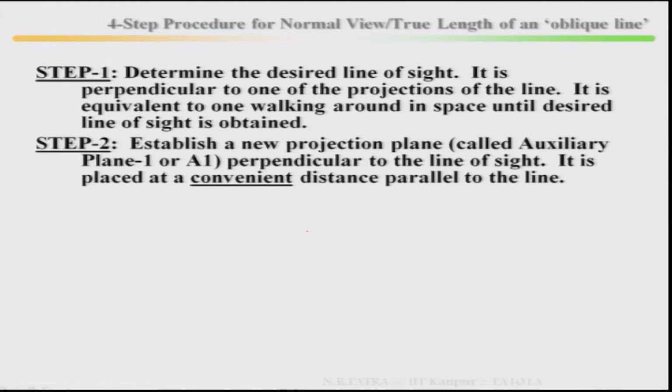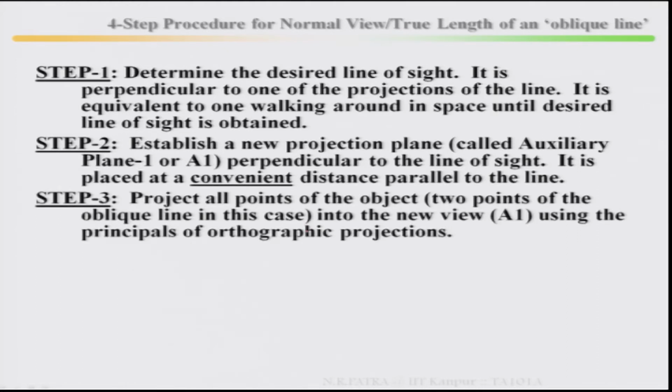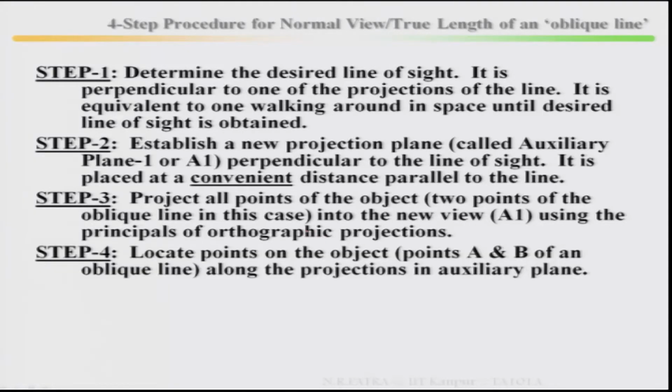Then project all points of the object, the 2 points of the oblique line in this case, into the new view, that is your A1, using the principles of orthographic projections. Then locate points A and B of the oblique line along the projection in the auxiliary plane. This is the 4 step procedure that has been used.